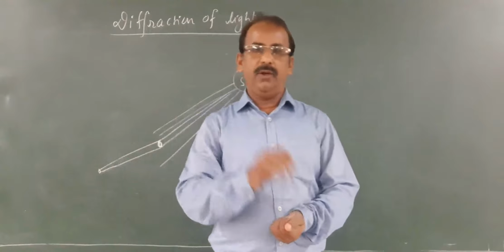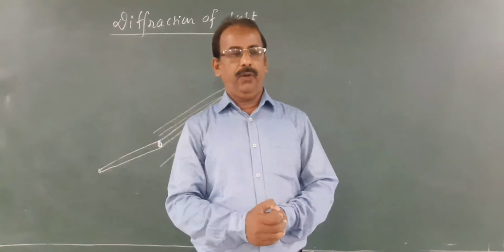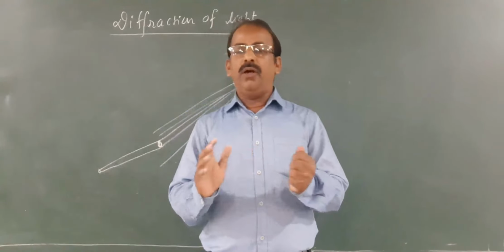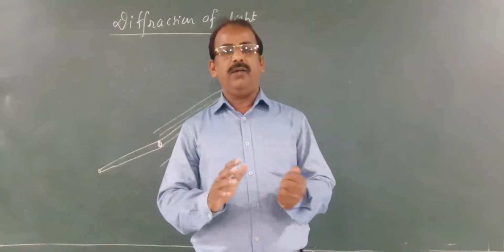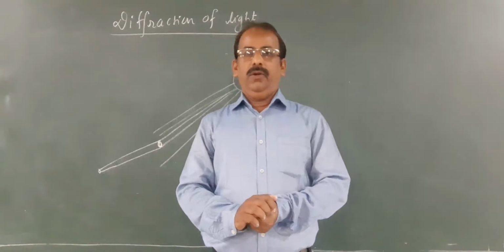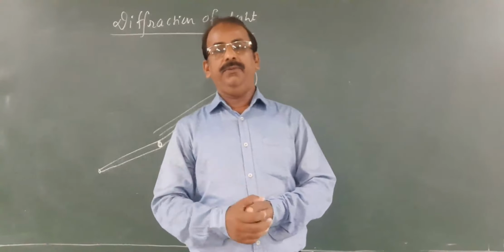Then you can observe this phenomenon. For diffraction of sound, there is no condition on the size of the obstacle. We can easily observe the phenomenon of diffraction of sound waves.